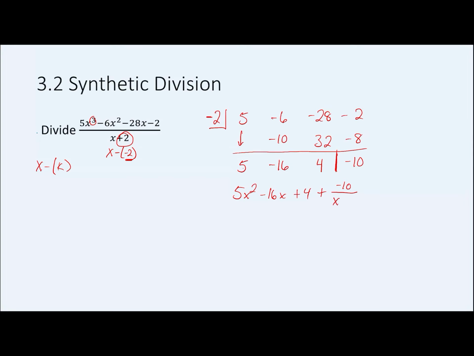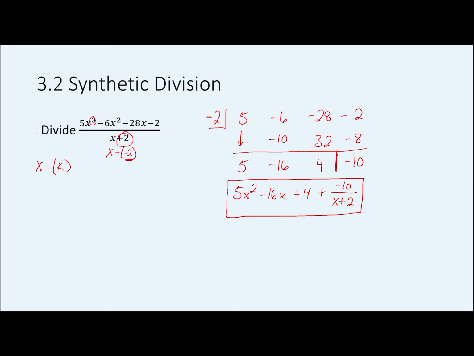So our answer here, when we do this division, again, we started with an x cubed, so go 1 down from that. It's going to be 5x squared. And then it's every term going down until you get to the constant. So minus 16x plus 4 plus our remainder, which is negative 10, over x plus 2.